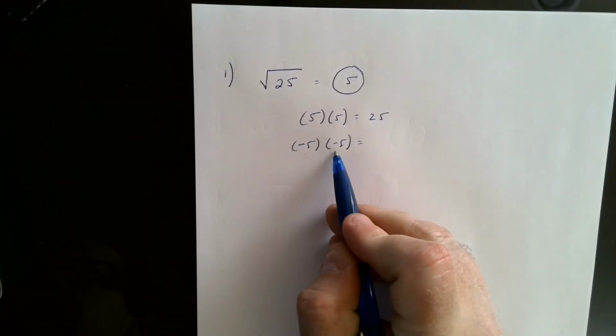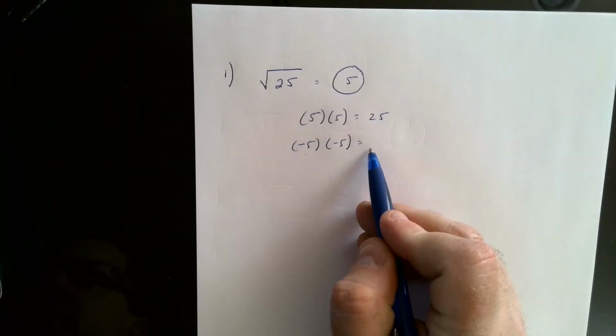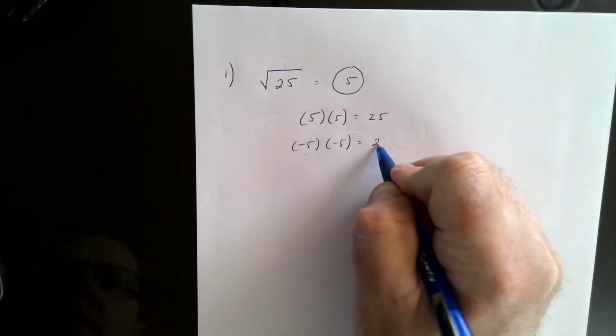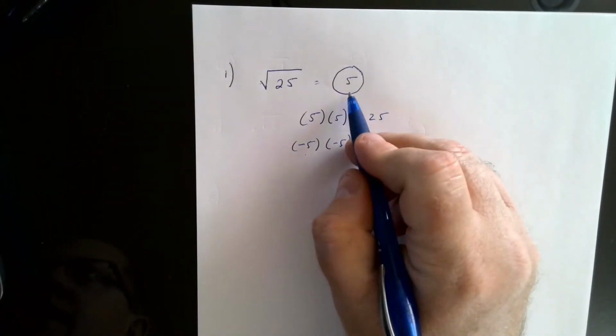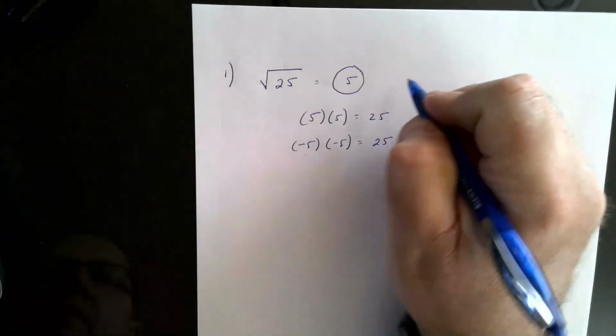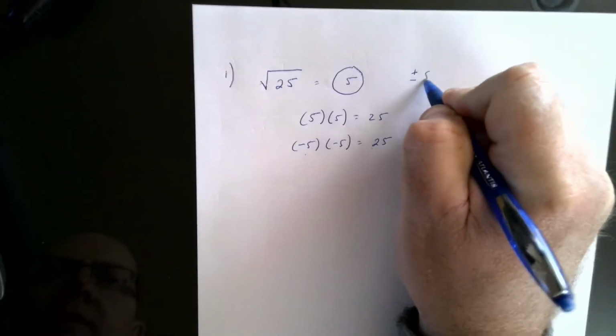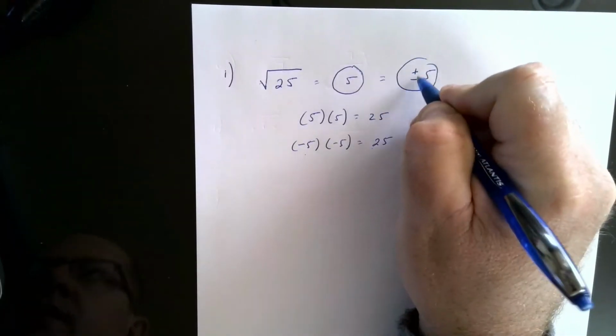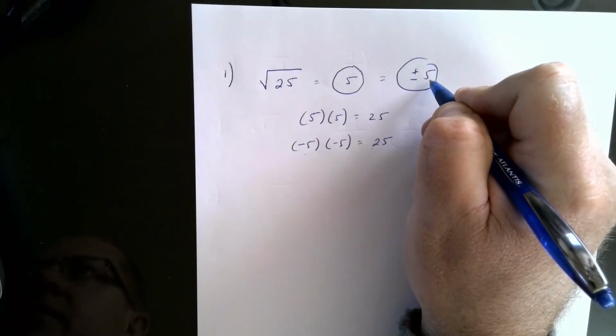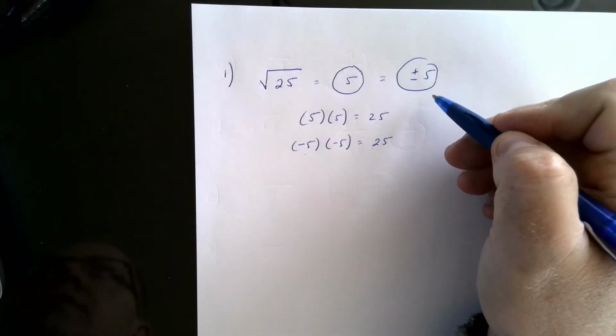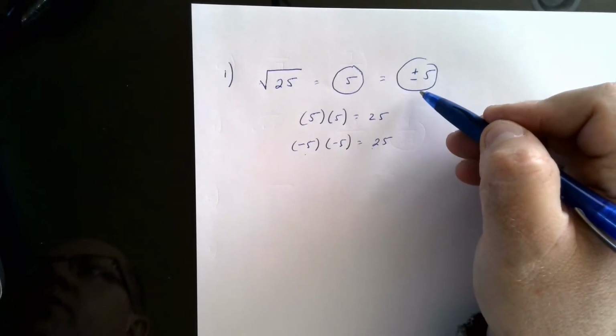Well, negative times a negative also makes a positive, and 5 times 5 is still 25. So technically the answer is not just 5, but it's what we call positive and negative 5.